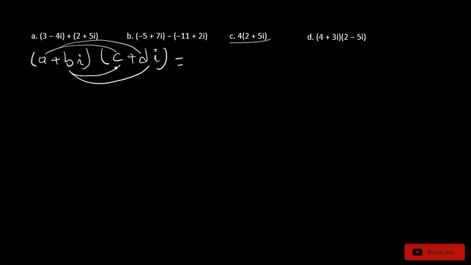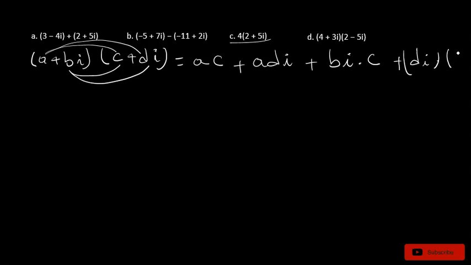This is equal to a times c, which gives us ac, then a times di, which is adi, then bi times c, then bi times di, which is bdi.